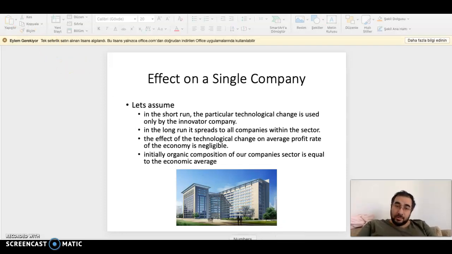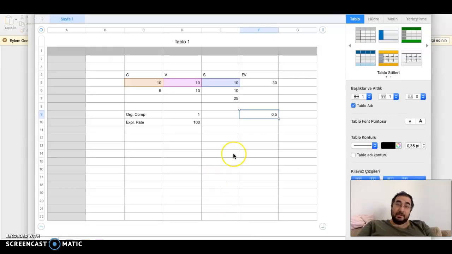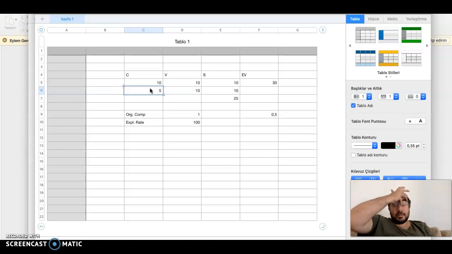And now we will look at what happens to our single company when the technological advancement spreads to the whole sector.